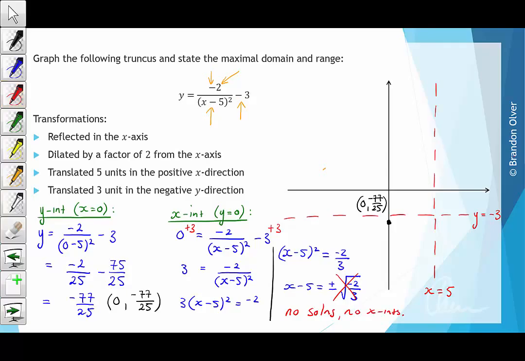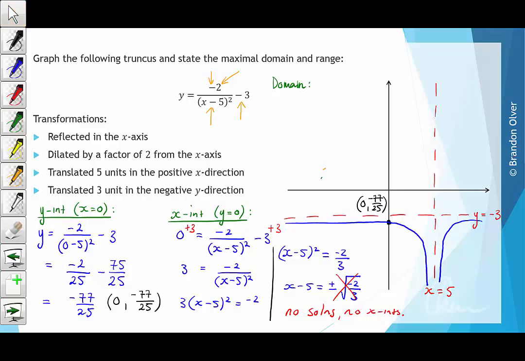With that in mind, all we need to do now is graph our negative truncus due to the -2, which means our function will look something like this, with the graph approaching the asymptotes but never quite touching them. The domain of this function is the set of all the x values allowed inside the function.